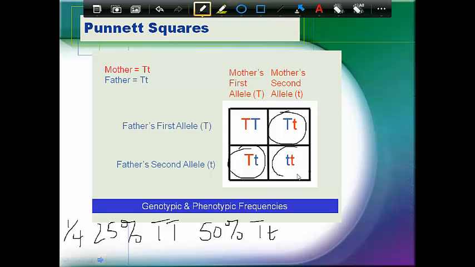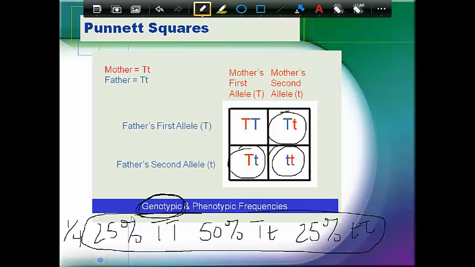And then again, we have a 1 out of 4, or a 25% chance of little t, little t. So that is our genotypic frequency. So if this mother and this father have children together, these are the chances that they'll get these combinations in their offspring, in their children.